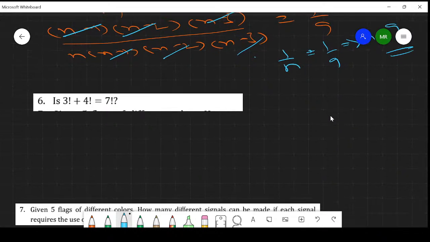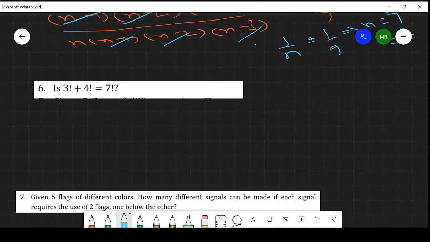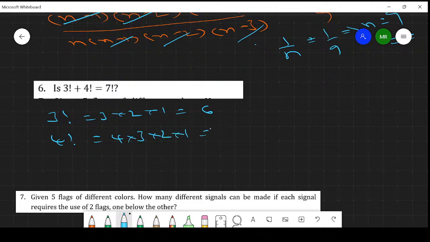Is 3 factorial plus 4 factorial equal to 7 factorial? I should verify here. You find the 3 factorial value: 3 into 2 into 1, 6. 4 factorial you find: 4 into 3 into 2 into 1, it comes 24.